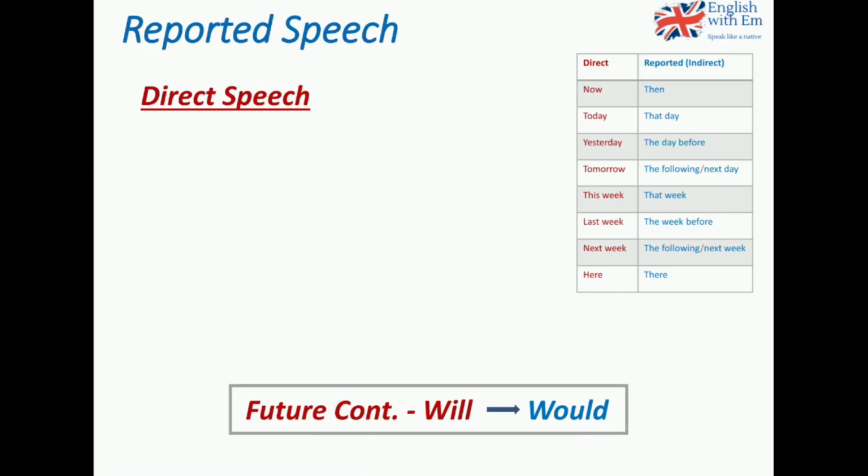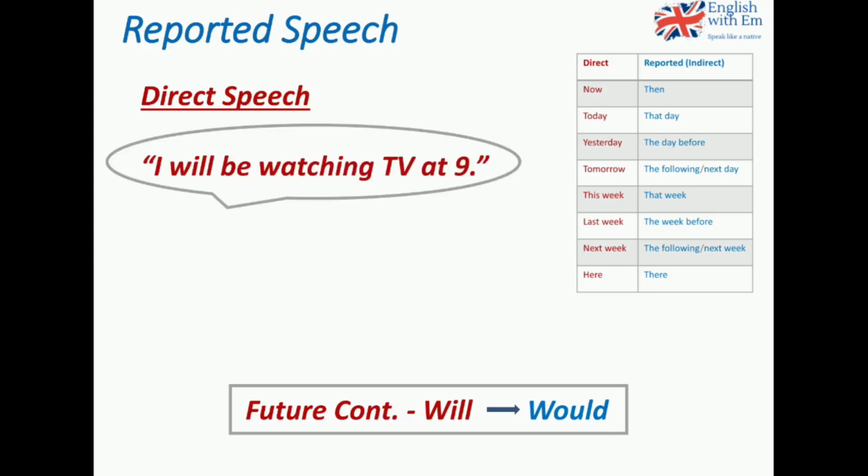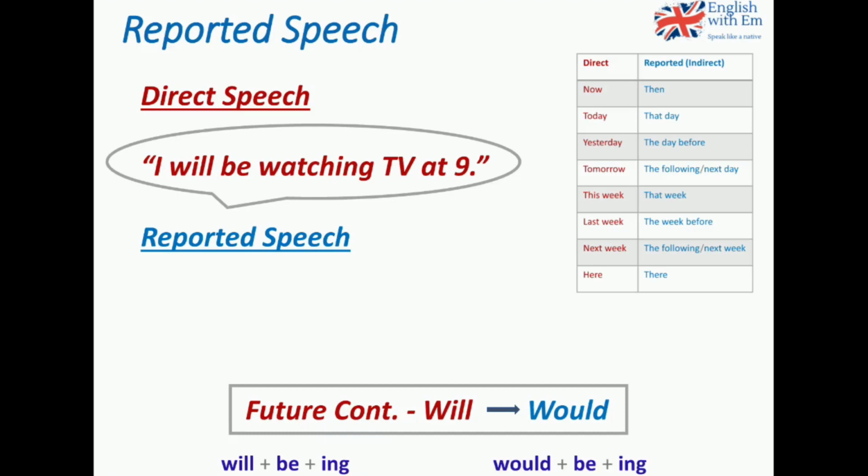Future continuous, also formed with will. I will be watching TV at 9. So future continuous is will be followed by the verb with ing, will be watching. And we're going to backshift? No, we don't backshift exactly, but we use would instead of will.